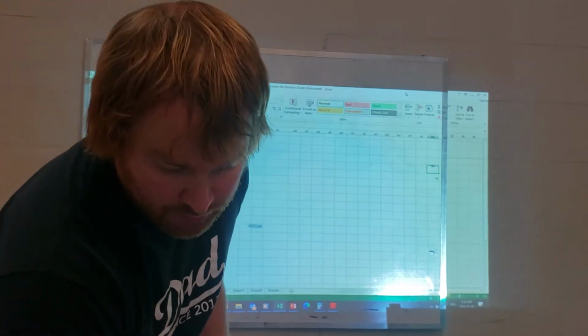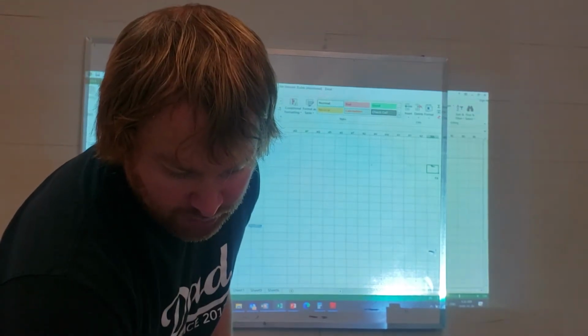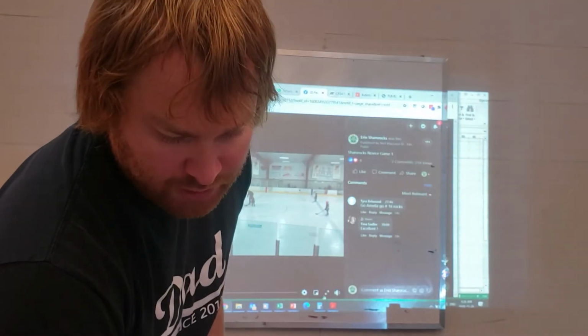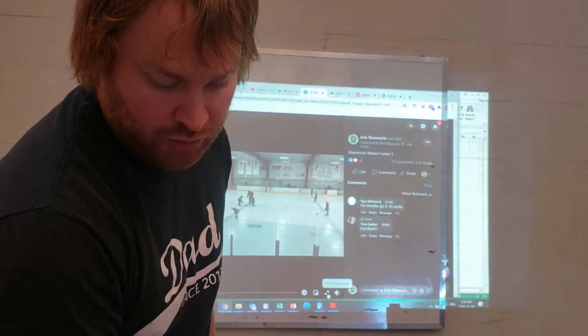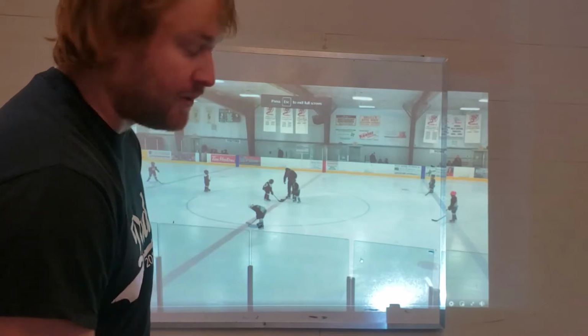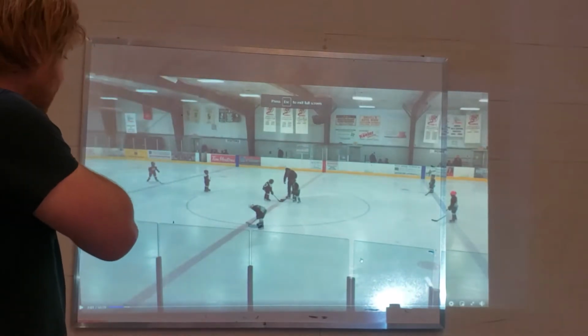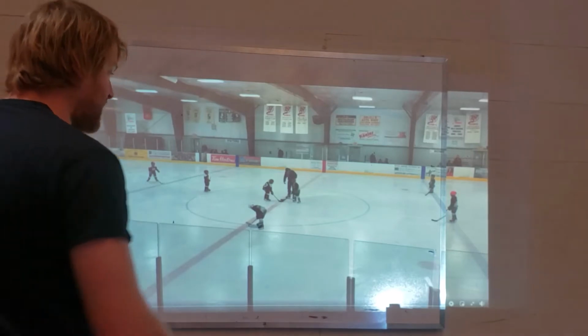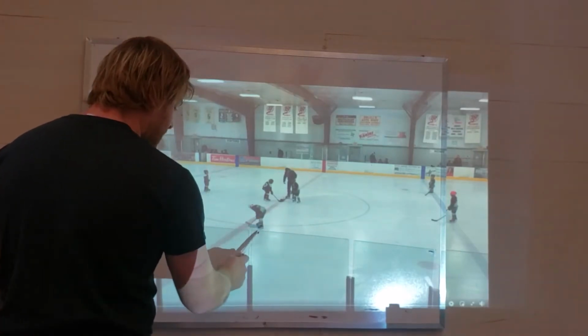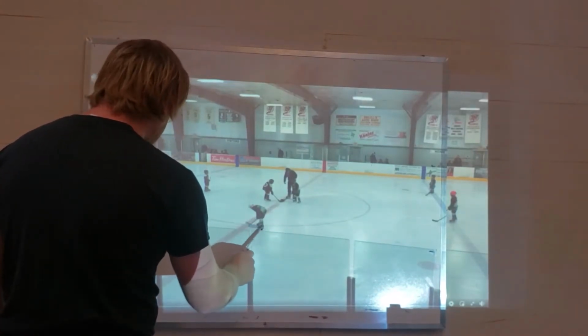Okay? So now we're going to dive into the game here. So we have this already preset for their first goal. Okay? And everything happens right off the draw. So we're going to pay attention here. We've got Nikki taking the draw. We've got Danny over here.